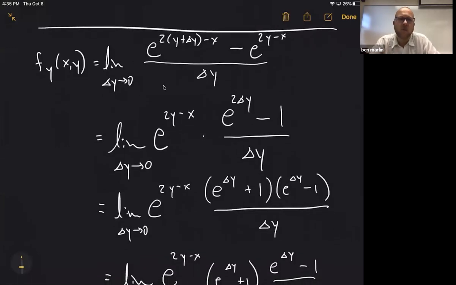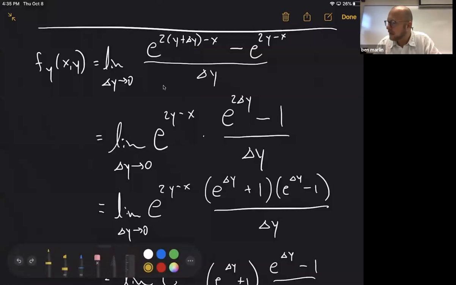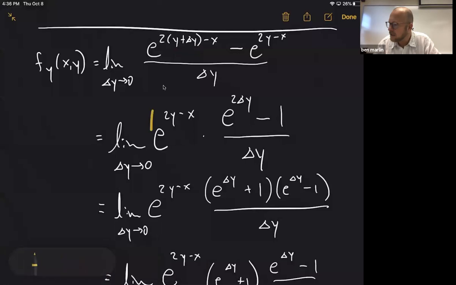So we're doing f sub y here, and like before, we're just substituting in y plus delta y in the place that the y appears. And then we can see that both pieces are going to have an e to the 2y minus x that'll factor out of them.